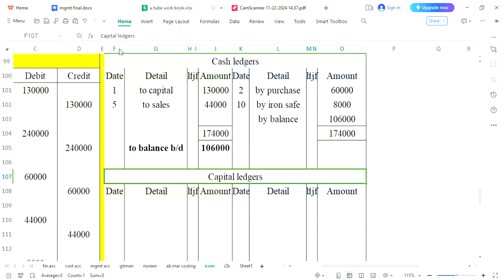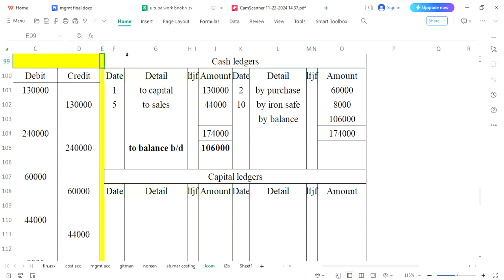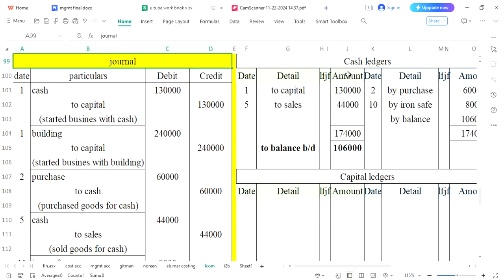This is the capital ledger. The first ledger was the ledger of cash. In the previous ledger, we were focusing upon cash, and now we will focus on capital. The rule is the same. If capital is present on the credit side, you will choose the credit side of the ledger. If capital is present on the debit side, you will choose the debit side. For now, we have the first entry, capital 130,000, which is present on the credit side.